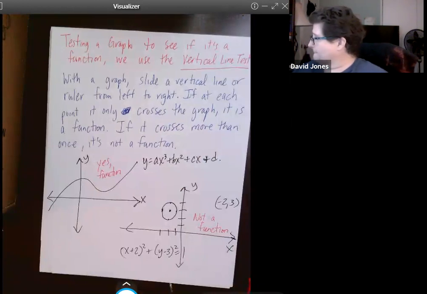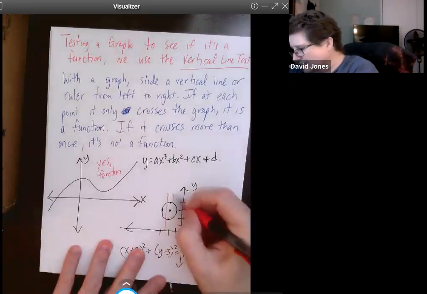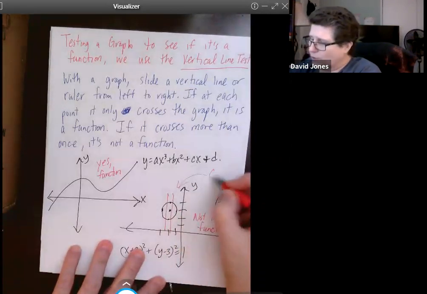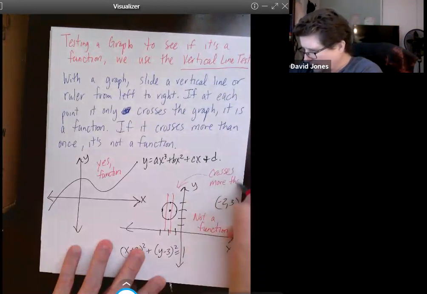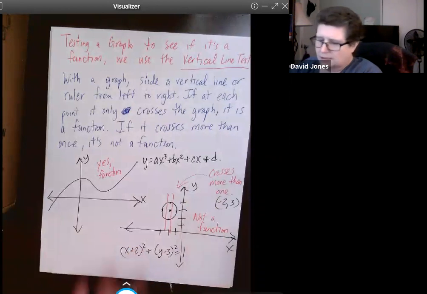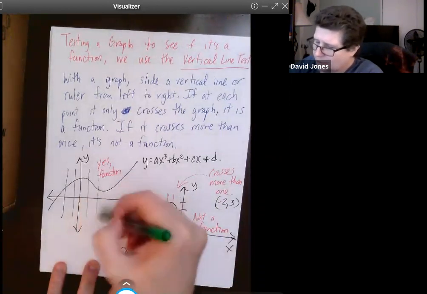Okay? And so what violates it is crossing more than once. And over here, vertical lines only cross once.